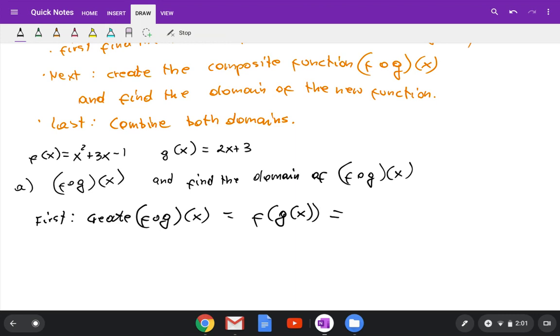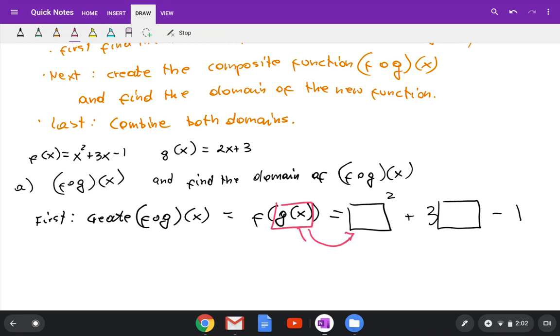So what you're going to do, f is outside, so you're going to copy the equation of the function which is outside, which is f. So it's x squared, and where I have an x, I'm just putting blanks because we're going to do the substitution. So it was x squared plus 3x minus 1, and where we used to have an x, you're going to put the equation of function g.